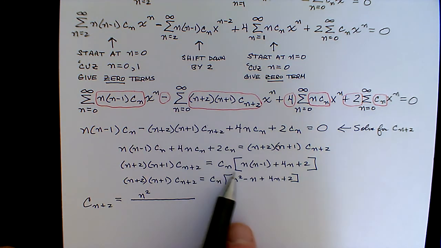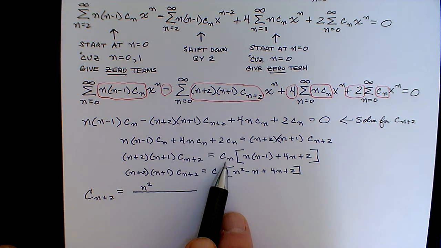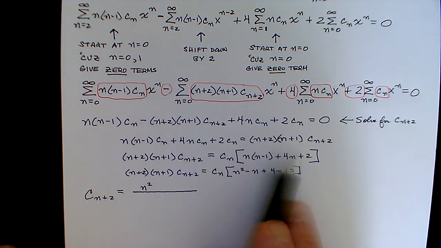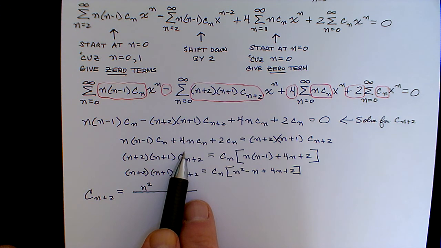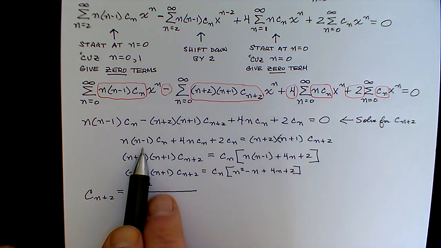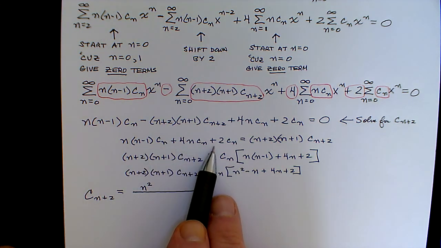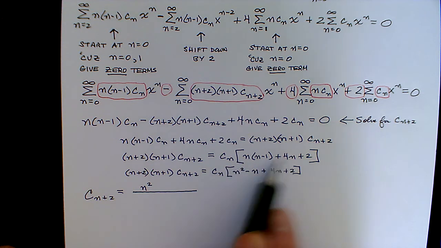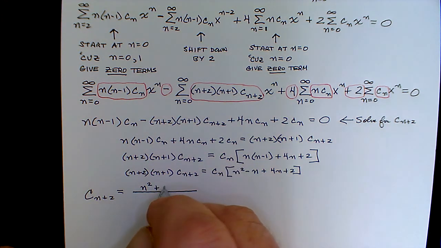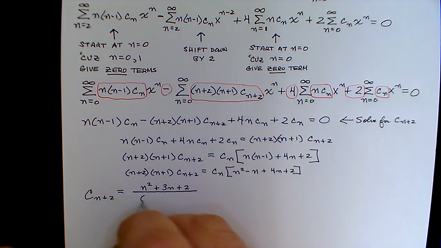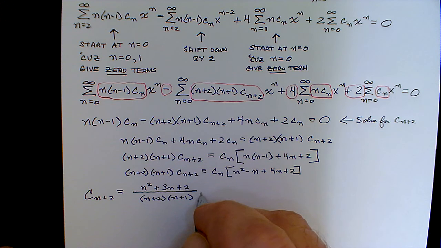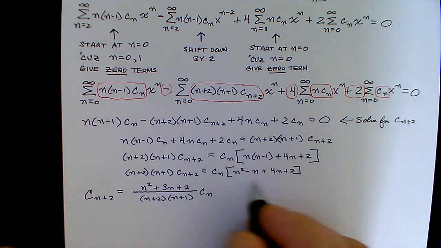Okay, so I think you saw me factor out the c sub n and at the same time just flip-flop these left and right. And I was left with the n minus 1 plus 4n plus 2, and I factored out the c sub n. Then I just distributed the n there. Now I'm going to combine like terms here. So n squared plus 3n plus 2 over this n plus 2, n plus 1 times the c sub n.